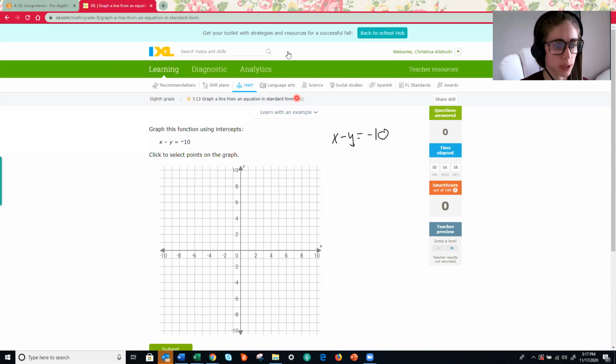So if I want to find an X-intercept, I know that my ordered pair is going to have an X value and then a 0 for Y, which means I can substitute 0 in for Y, and that will give me the X value of my X-intercept.